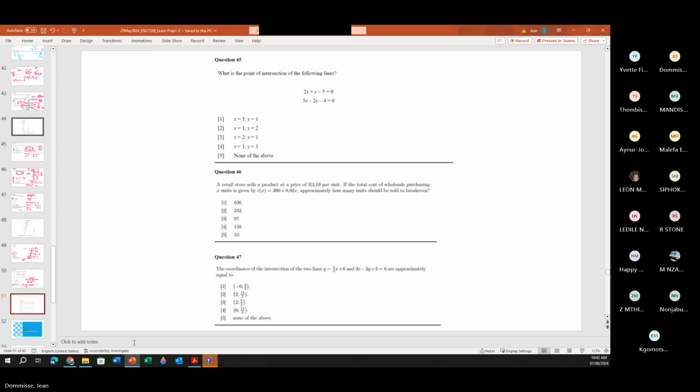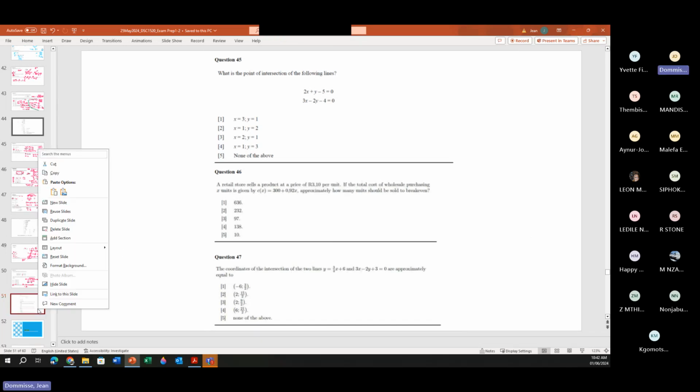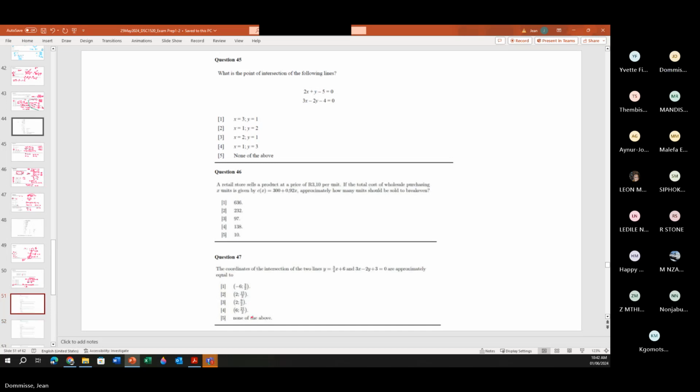Okay, so let's quickly look at these 3, and then that will be what we end off for today. And then I will, like I said, schedule sessions for next week.